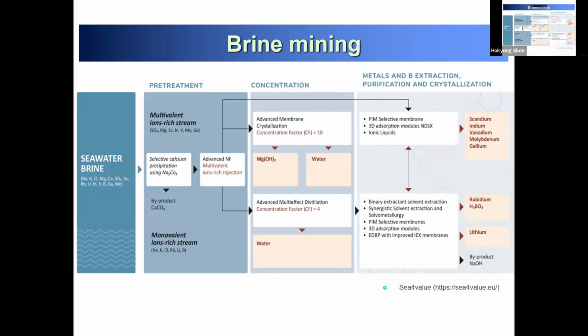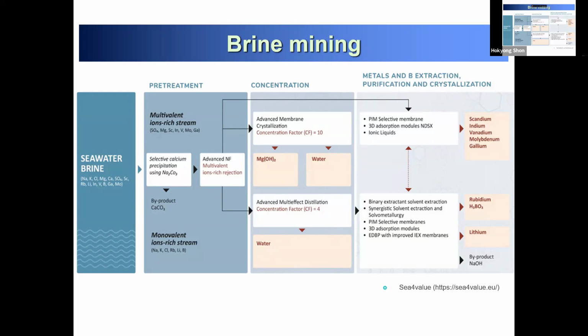So that's one of the ways we can create calcium carbonate for construction, and we also have monovalent ions. They are a little more difficult to separate than the divalent ions.